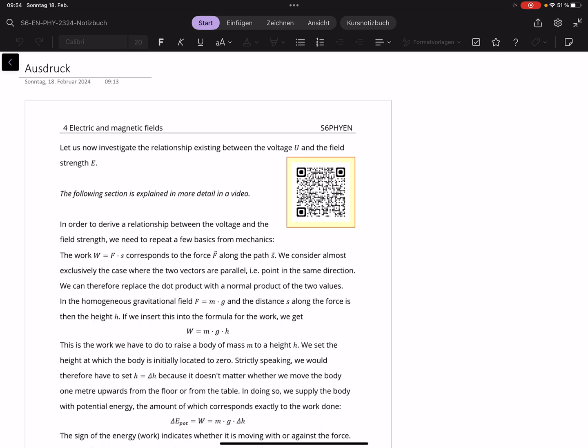It's the same here, but if the masses, or the charges in our case, are so different in their size, then we can neglect the force that is caused by the smaller charge or mass.